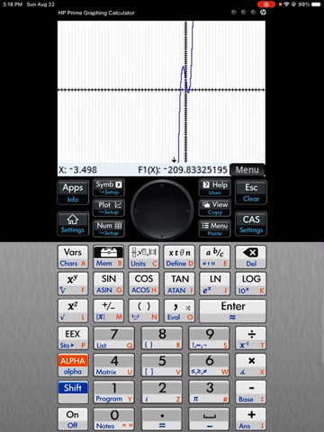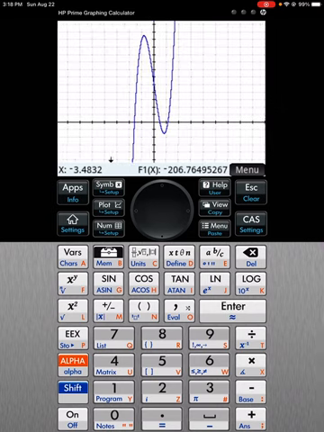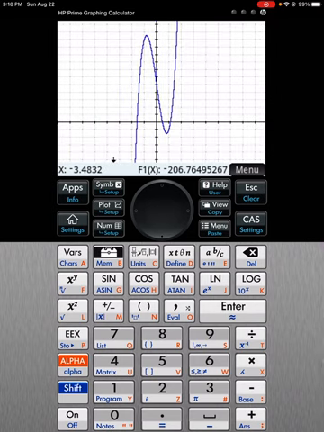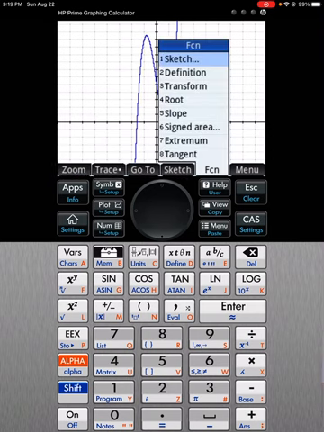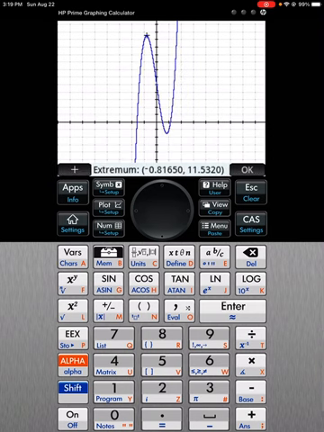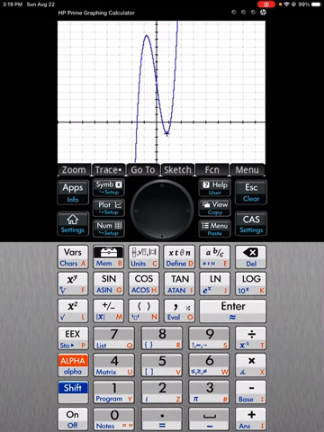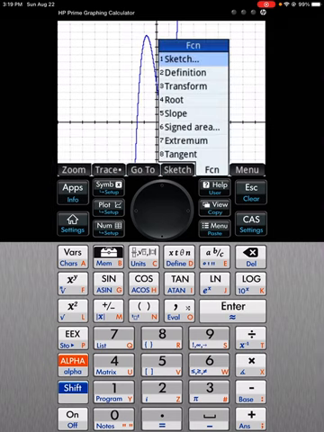And we know this is a cubic, so I'm just going to scroll in. So the local max is going to be right near where my spider is. And I'm going to press menu, function, and then you can press extremum. And so that local max is at negative 0.82. Then I'm going to click near the other swoop and do menu, function, extremum.